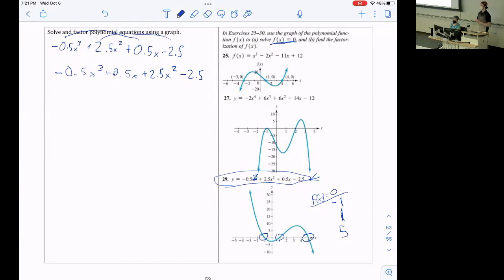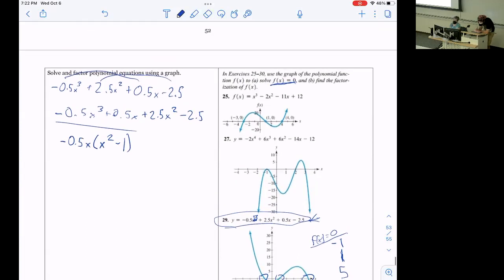And now we can use our factor by grouping, right? So we have this first group here, which we can factor out a -0.5x, so -0.5 x times, well, if we factor that out, we'll be left with x squared minus 1.